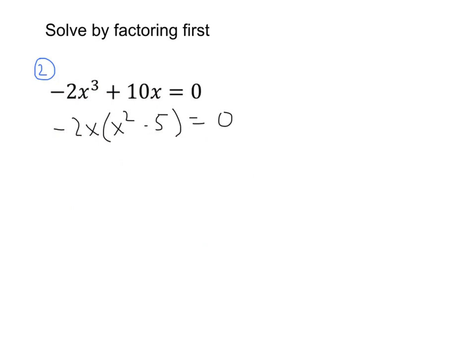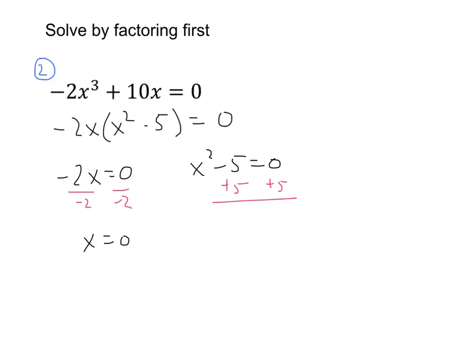Again, using the zero product property, if this factor times this factor is equal to 0, the only way that's true is if either negative 2x is equal to 0 or x squared minus 5 is equal to 0. Let's solve these two equations. For the first one, if I divide both sides by negative 2, we get x equals 0. There's a solution. For the second one, let's add 5 to both sides, and we get x squared is equal to 5.